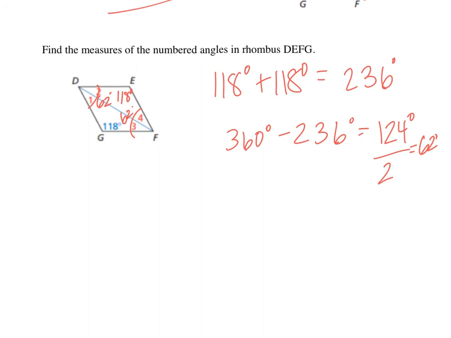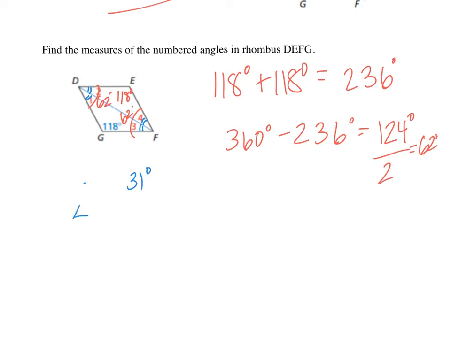We also know that because it's a rhombus, the diagonals are also angle bisectors. So we've got angle EDF and angle FDG are congruent, and then angle EFD is congruent to angle DFG. And so 62 divided by 2 is going to be 31 degrees.